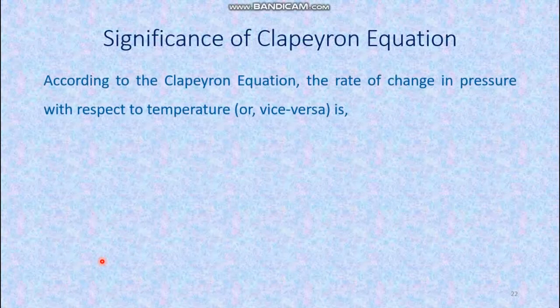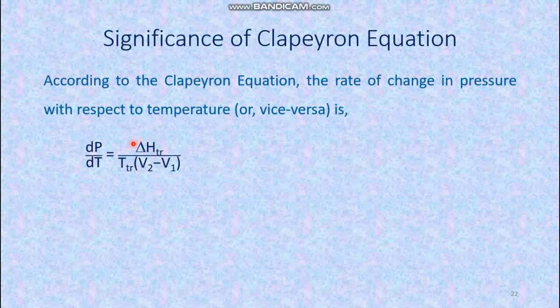So let's check. According to the Clapeyron equation, the rate of change in pressure with respect to temperature, or vice versa, is this one. Here, in place of Q, you can write delta H of transformation, that means the heat of phase transformation, and the corresponding temperature. If it is vaporization from liquid to vapor, then this is the boiling temperature.